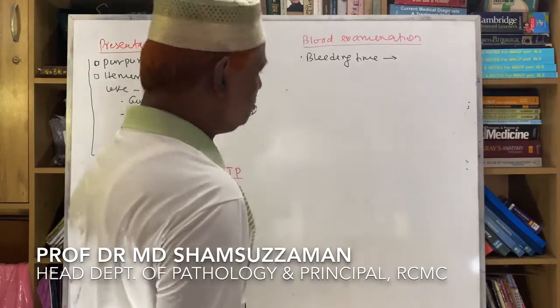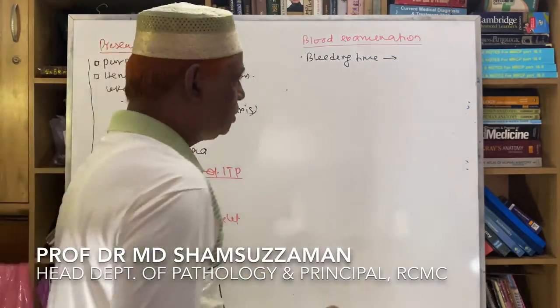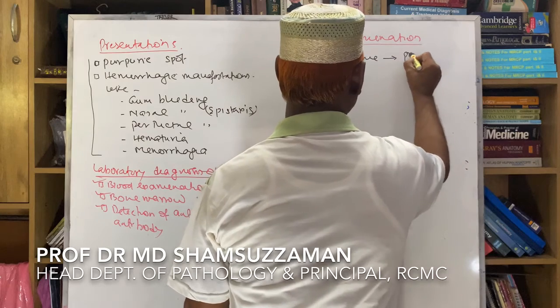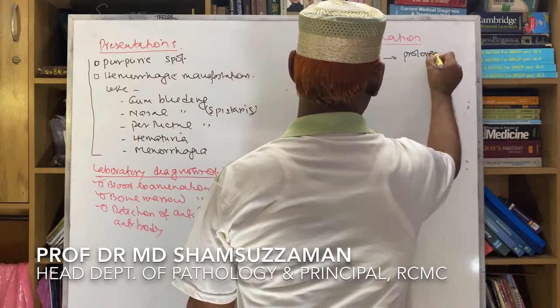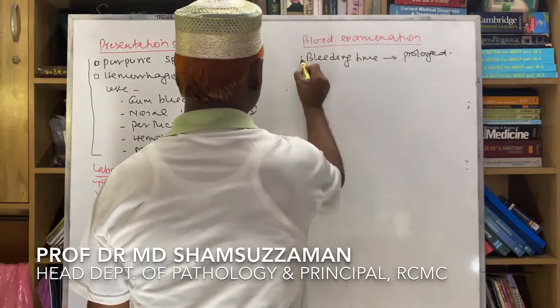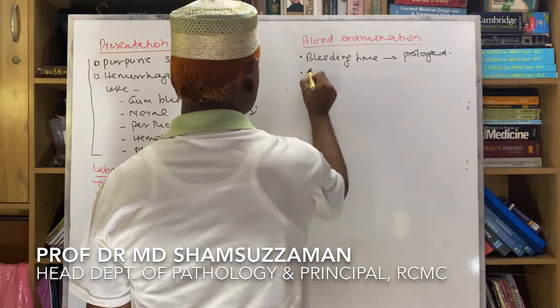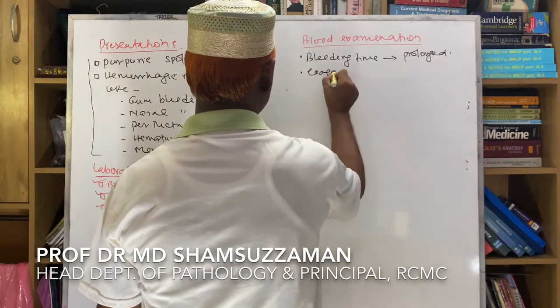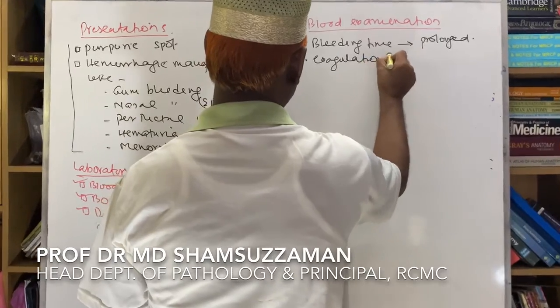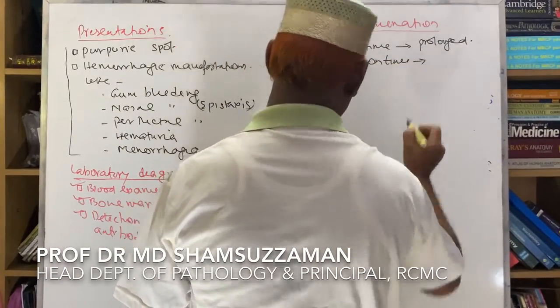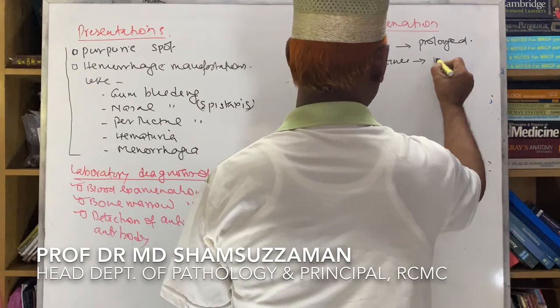As it is a case of thrombocytopenia, decreased platelet count, so bleeding time is prolonged. Bleeding time will be prolonged. Then coagulation time or clotting time. The clotting time or coagulation time will be normal.